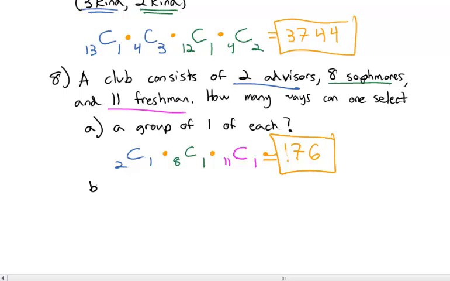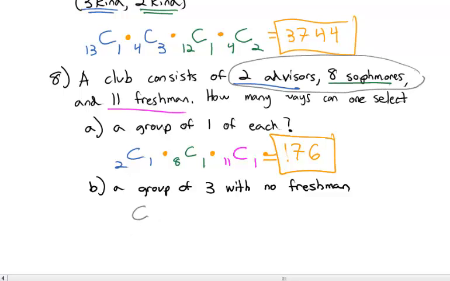Let's do a variation on a theme here. Let's say we do a group of 3 with no freshmen. Maybe it's the freshman initiation group, so no freshmen allowed. Well, we know we're going to do a combination because the order doesn't matter, but how many do we have to choose from? We can choose from either the 2 advisors or the 8 sophomores.